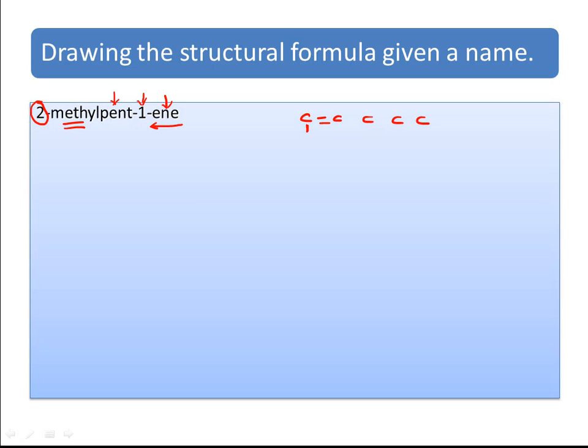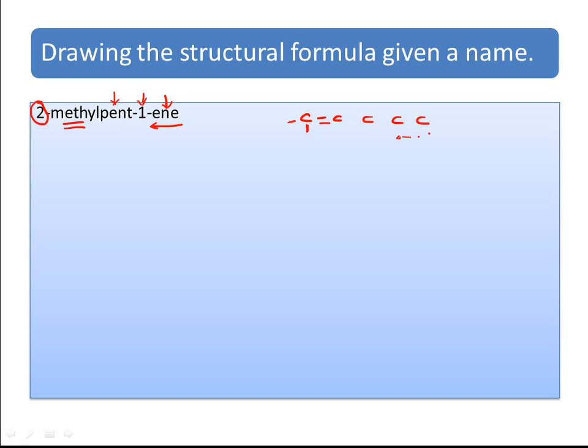It's the first carbon you get to, of the two carbons that are sharing the double bond. But we know that we have to count from the side that gives the double bond the lowest number, right?